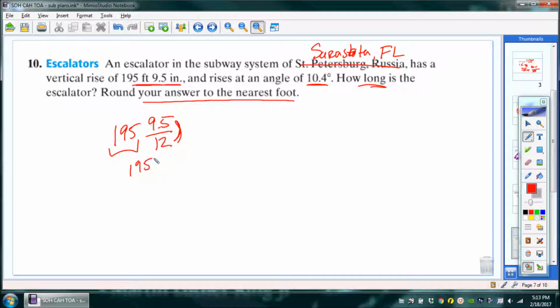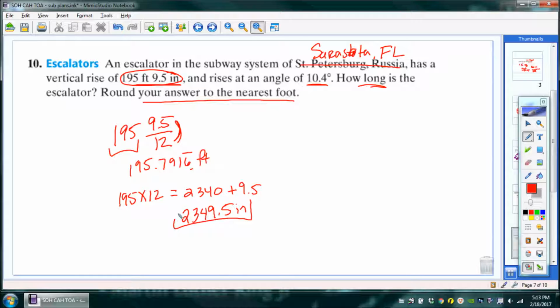So you could do 195.7916 repeating as your units. I'm going to change it into inches, just because I don't want to have a run-on decimal. So I'm going to do 195 times 12 to get my inches. And then I'm going to add in that 9.5. So I have 2,349.5 inches.